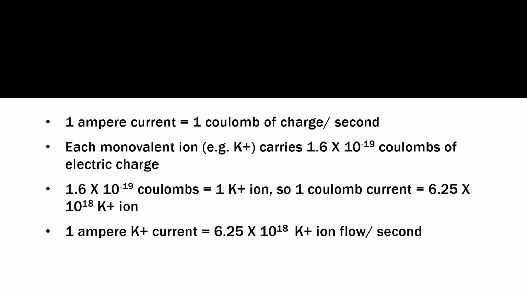So 1 coulomb will be equal to 1 by 1.6 into 10 to the power minus 19. If we derive it, we will get 6.25 into 10 to the power 18 potassium ions. So if 6.25 into 10 to the power 18 potassium ions flow per second across the cell membrane, it will create 1 ampere of potassium current.